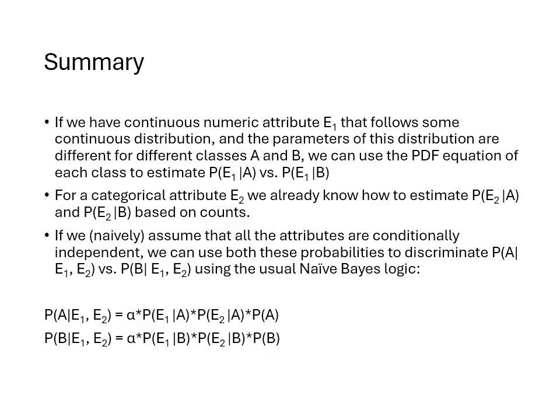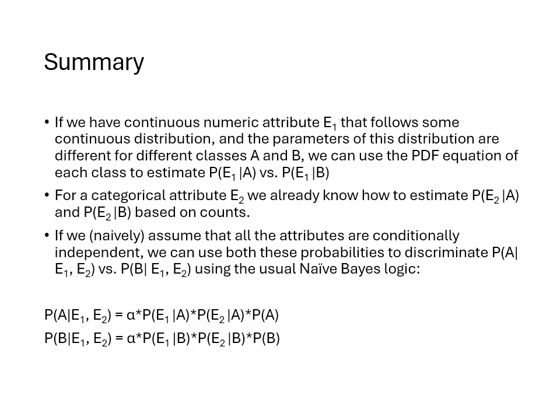Summary of this entire lesson. If we have a continuous numeric attribute E1 that follows some continuous distribution, and the parameters of this distribution are different for different classes A and B, we can use the PDF equation of each class to estimate the probability of observing E1 within class A versus the probability of observing E1 within class B. For a categorical attribute E2, we already know how to estimate the probability of E2 given class A and given class B based on counts.